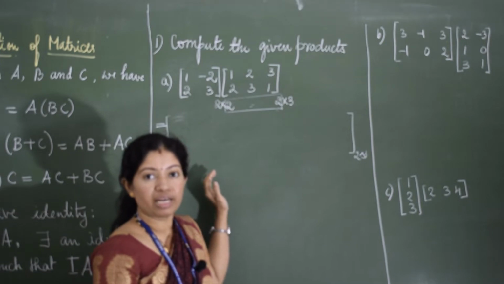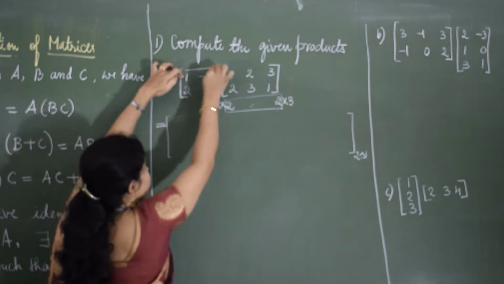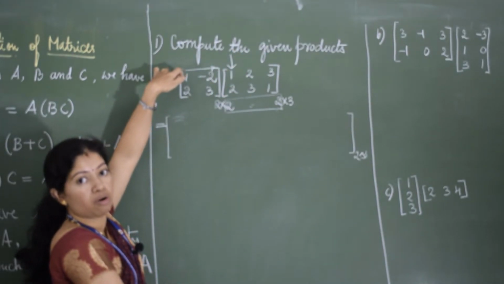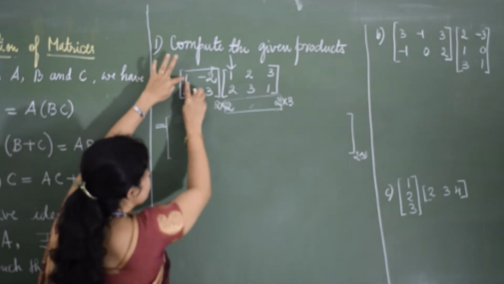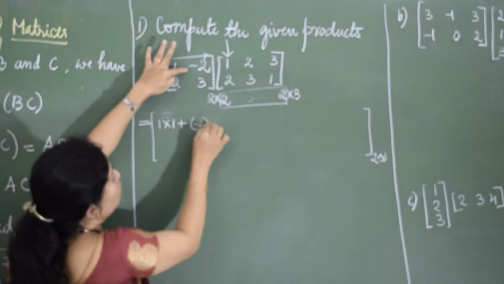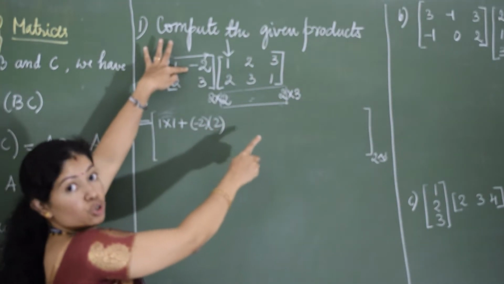Now we have to find the elements. Let us do that carefully. We will take the first row and multiply the corresponding elements of the first column. So it is 1 into 1 plus minus 2 into 2. Next, first row, second column.